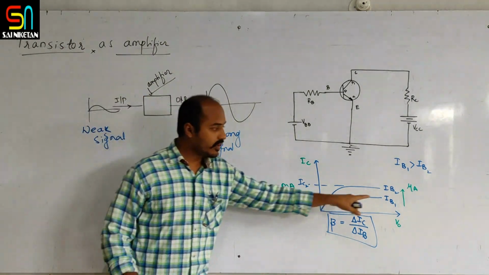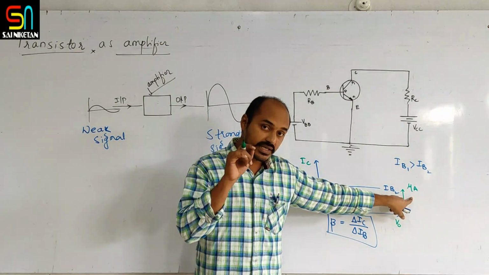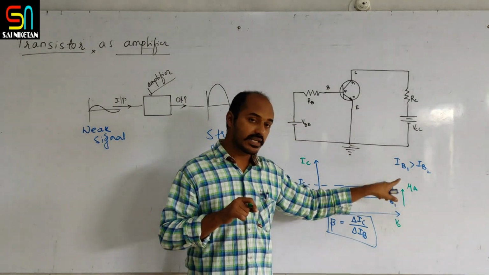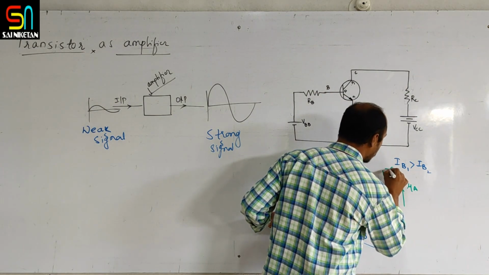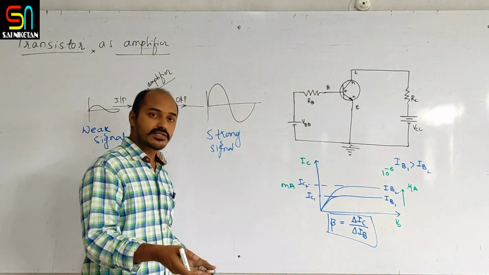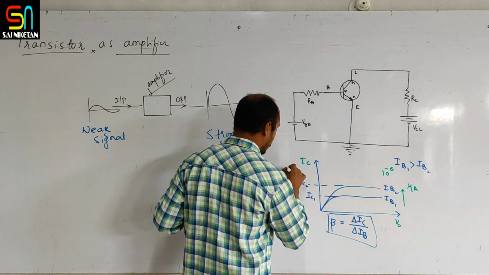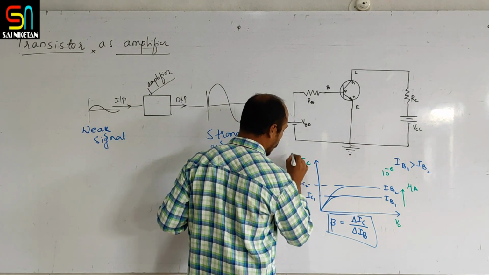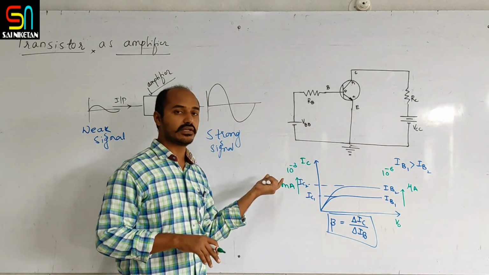Here micro is 10 raised to minus 6. Try to get it: the increase in input current is on the order of 10 raised to minus 6. For this small increment, the output current is increasing on the order of 10 raised to minus 3. It is a very large increase.